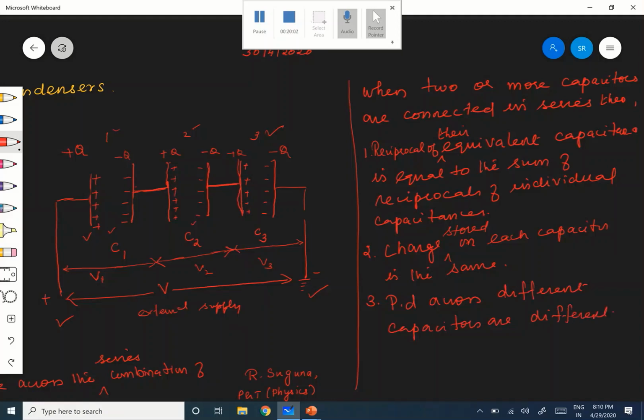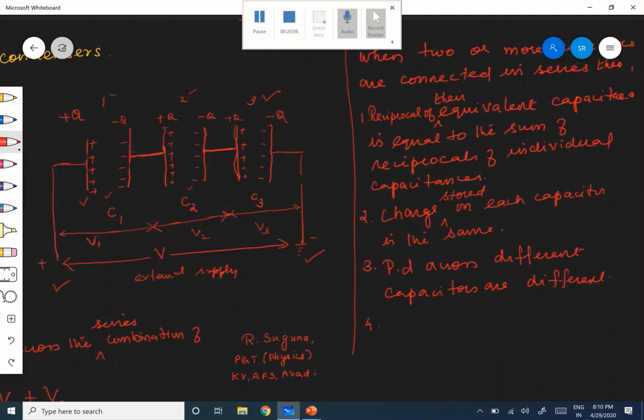Correct? Then the fourth one is, see, you know that 1 by Cs is equal to 1 by C1 plus 1 by C2 plus 1 by Cn.